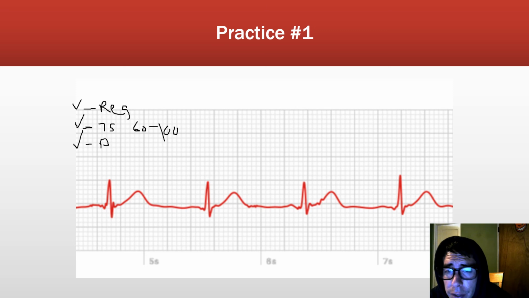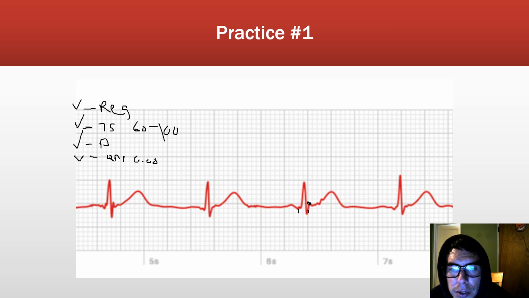Now we're going to check our intervals. So we're going to start with QRS, starting there and coming to right there, because our J point is right here. So that's like 2 small boxes, so QRS is 0.08 seconds, or 2 small boxes.